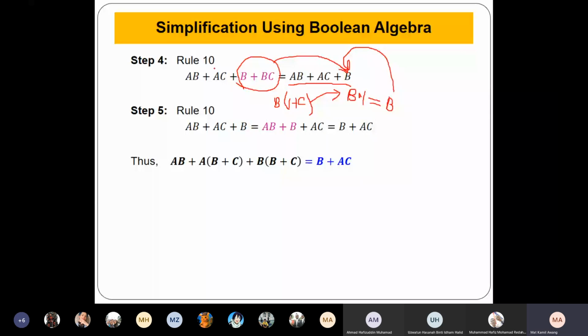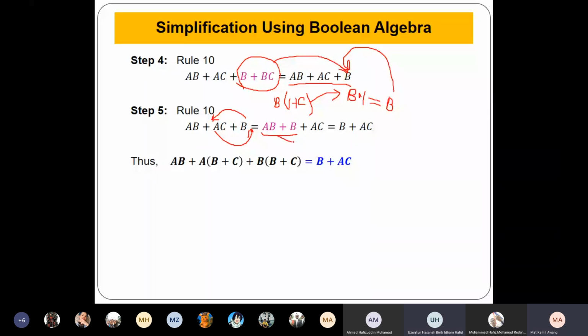You use rule number 10. Then you can reduce further by rule number 10. What did we do? Here we move here, and here we move here, so that we get this.